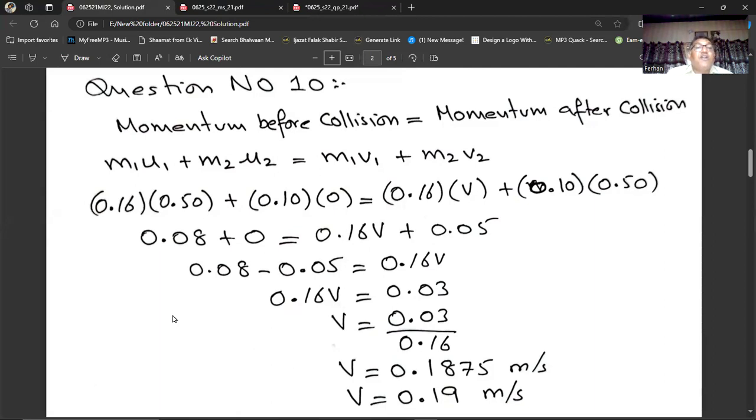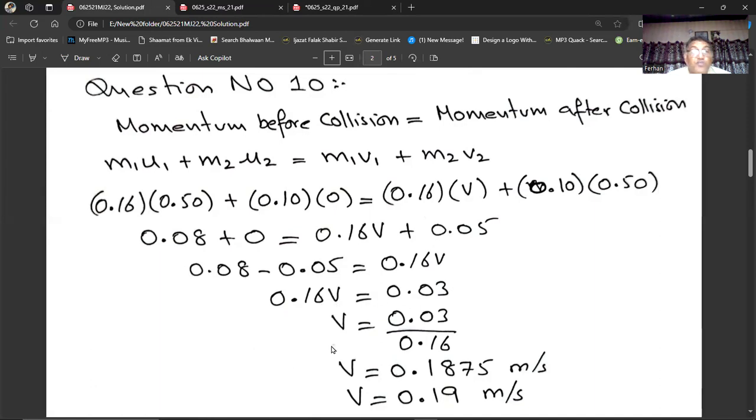So you will have 0.16 multiplied by 0.50, that is 0.08. 0.10 multiplied by 0, that is 0. 0.16 multiplied by V, that is 0.16 V. When you multiply 0.1 with 0.5, you get 0.05. So 0.16 V equals 0.08 minus 0.05, so 0.16 V will be equal to 0.03.